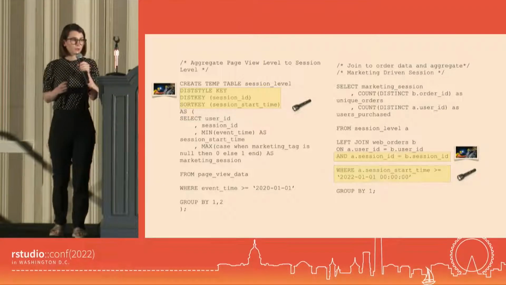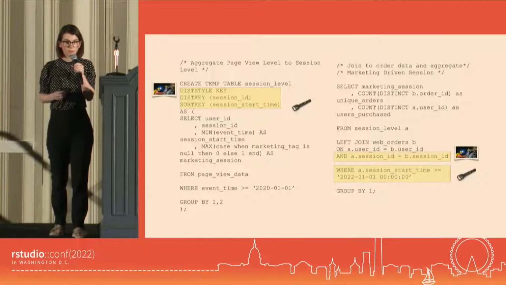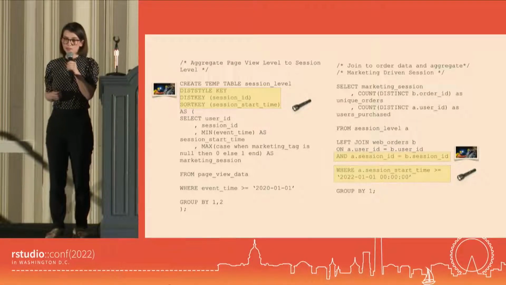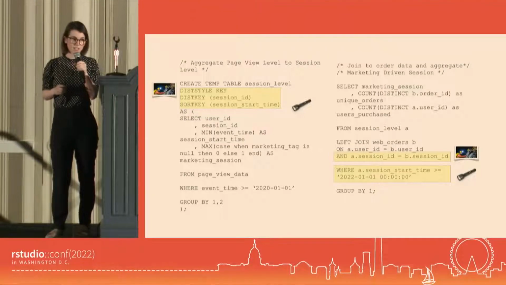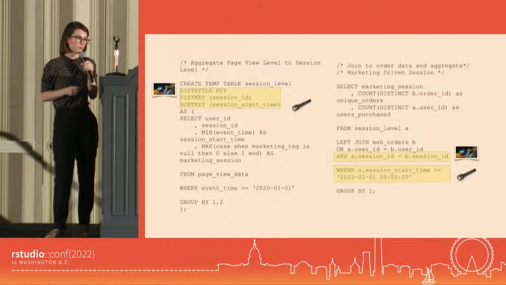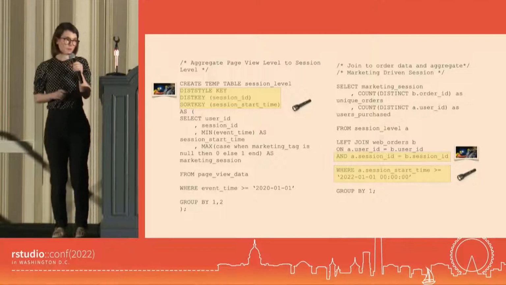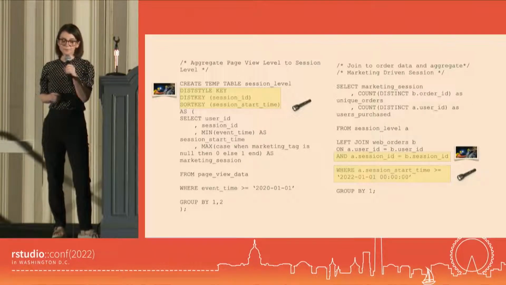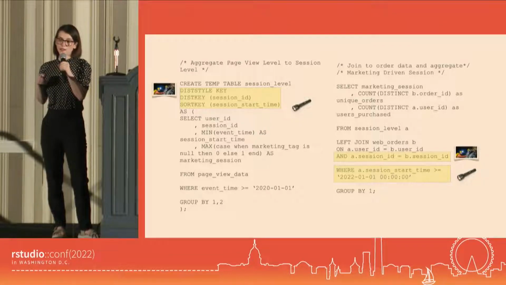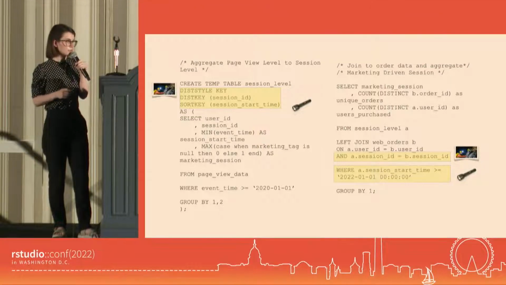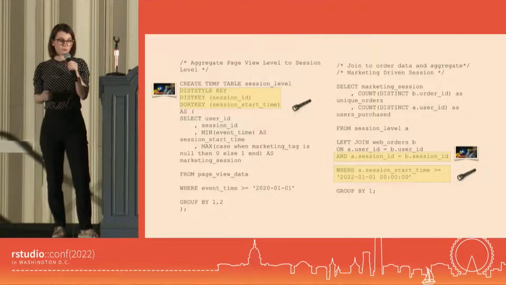When I'm creating this temporary table, I've specified my distribution style as key, and I've specified my dist key as session ID because that's what I'm going to use to join to another data set. So I know that all my compute nodes will be contributing equally. I also have my flashlight or my sort key on session start time because that's what I'm going to use when I end up filtering from this temporary table.